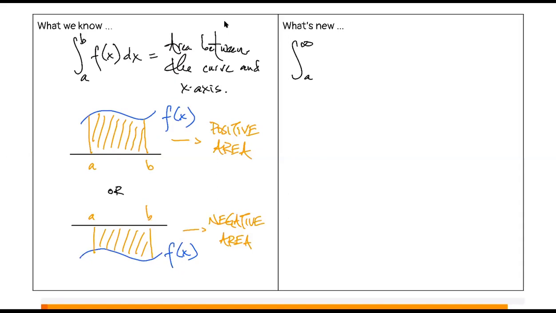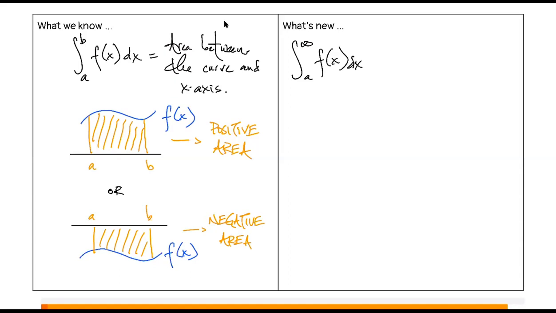So it's not going to be a number, but infinity, and we have a curve. This is actually saying the same thing as what we know.